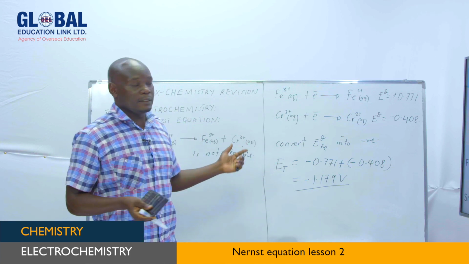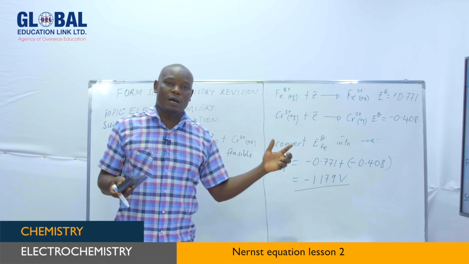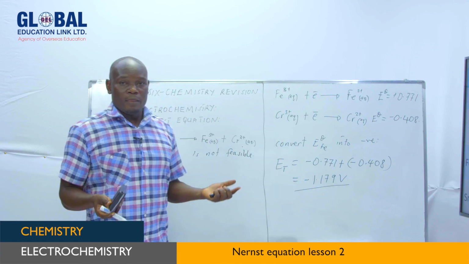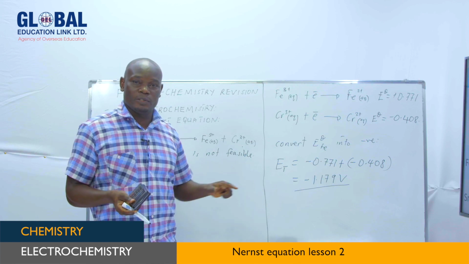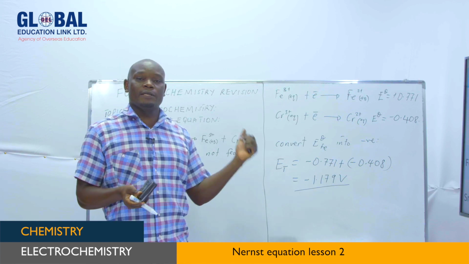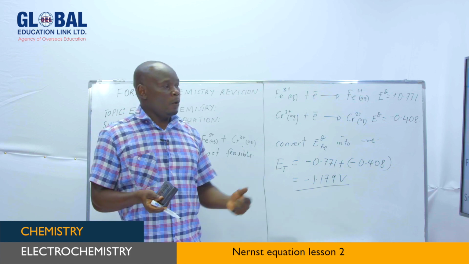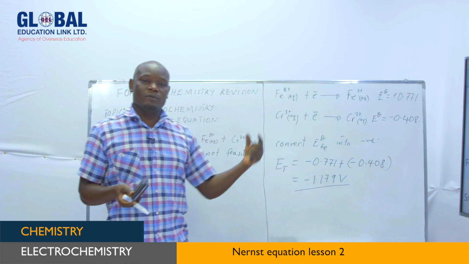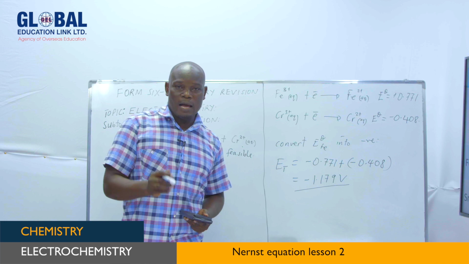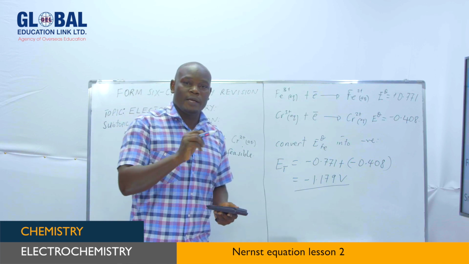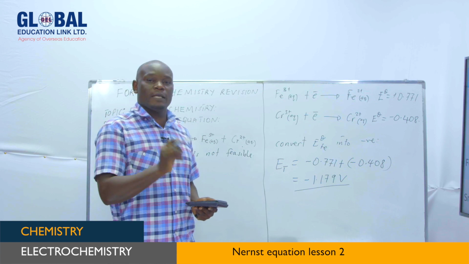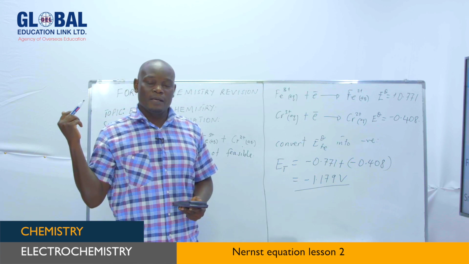Because we have seen that most of our materials are corroded because of chemical reactions taking place in those metals, and those chemical reactions are redox reactions. So by using standard electrode potential, you can know a suitable metal to electroplate your metal so that you can prevent it from rusting.